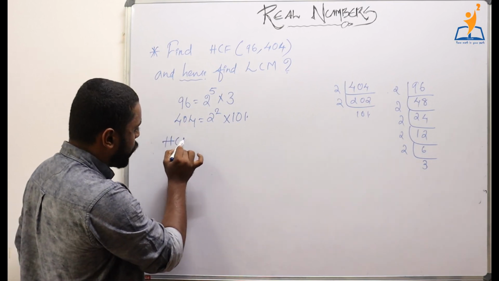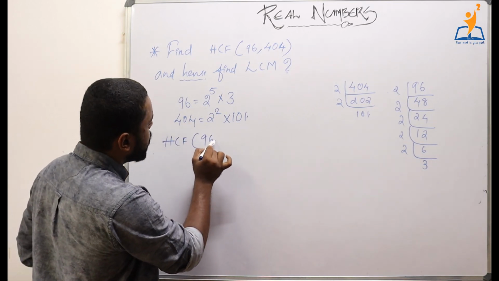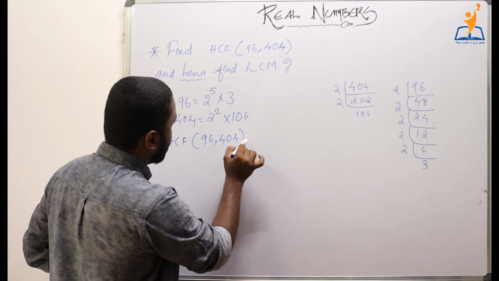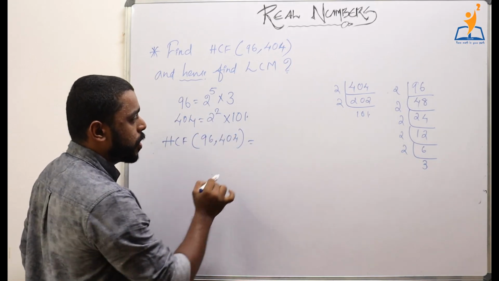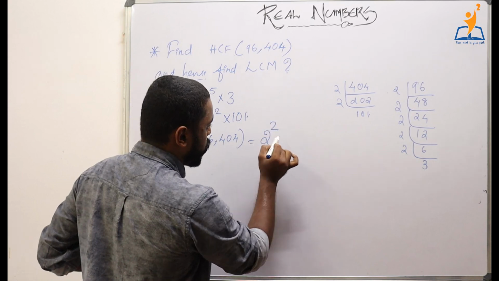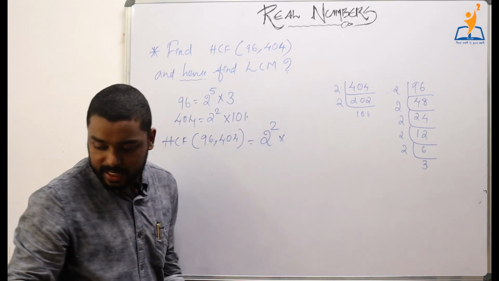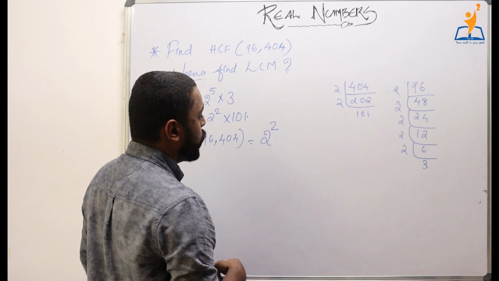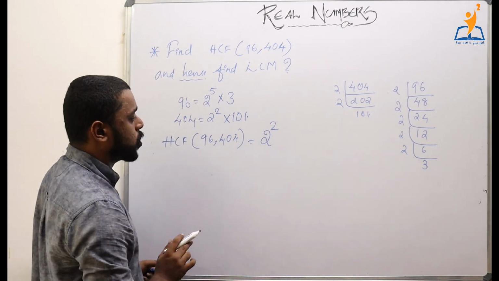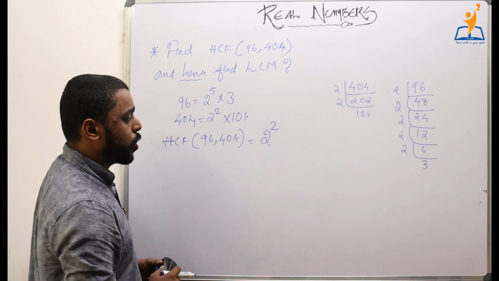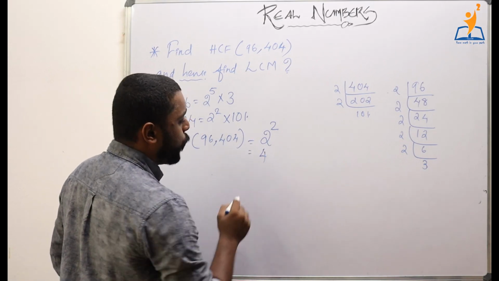So the HCF of 96 and 404 is 2, which is common, and the smallest power of 2 is 2 square. Nothing else is common, so we stop our multiplication there. So the HCF of 96 and 404 equals 2 square, which is equal to 4.